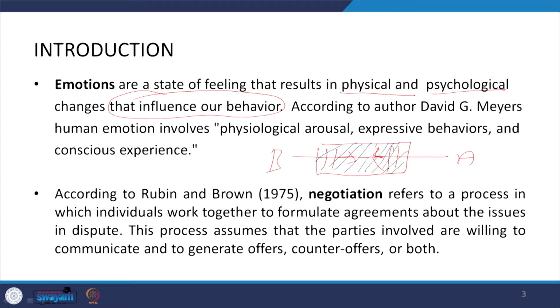Earlier the offer zone was here by A, and this was the offer zone by B, but when B is ready to enter the offer zone of A, naturally the negotiation will be done. So, there will be offers and counter offers, and both parties finally reach this negotiation zone.